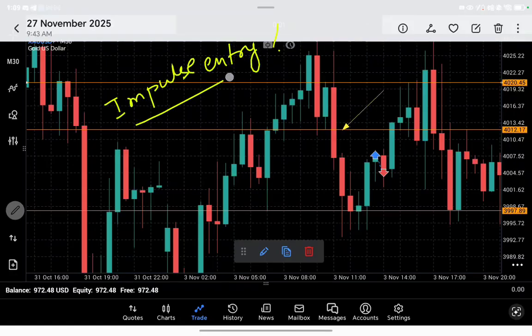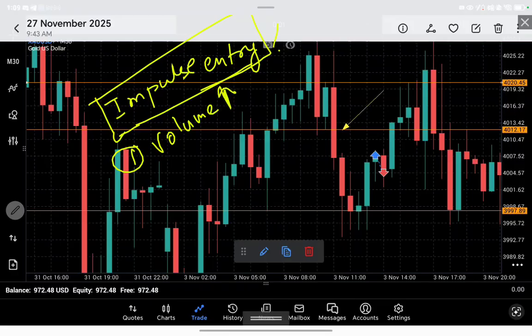Normally an impulse entry could happen at the point where you are not waiting for confirmation, right? This impulse entry only happens when there is high volume in the market. If there is no volume, impulse entry can't work. So it is very essential to look at volume and do impulse entry only at a time of volume.